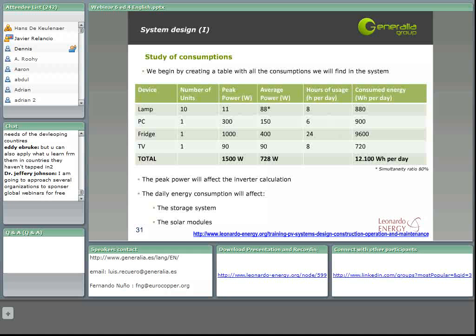In order to design this type of project, we have to start by the study of the consumption, of the demand of our client.